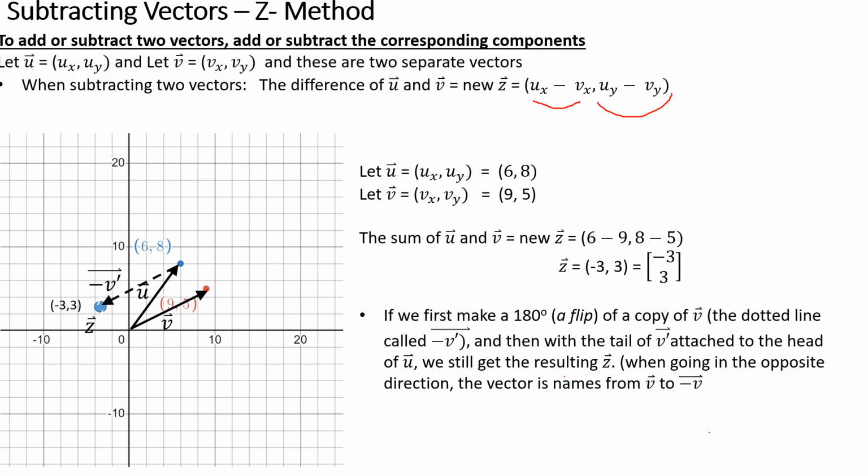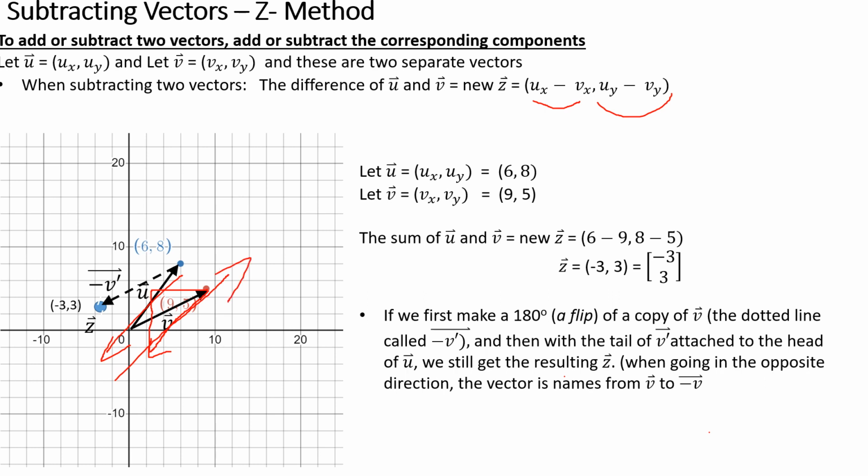So it'd be minus 6, minus 8, so it ends up doing that. Now, I'm not the best artist, obviously, but you can see again this is parallel to that, but they're going in opposite directions.